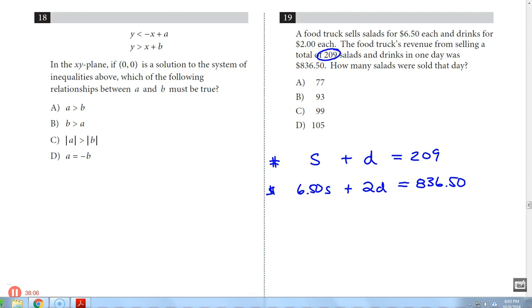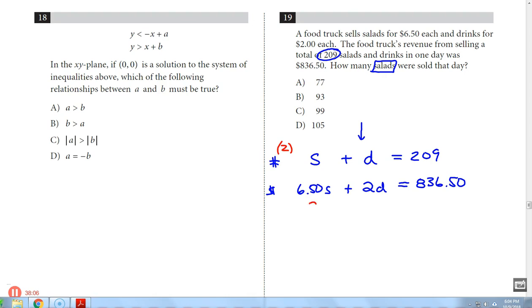And to use elimination, I need to get my letters to match up. Since we want salads, we want to figure out what S is. I'm going to try to get D's to eliminate. So I need to get the coefficients here to line up. So I'm going to multiply the entire top row by 2. Because if I multiply the entire top row by 2, this is what I'm going to get.